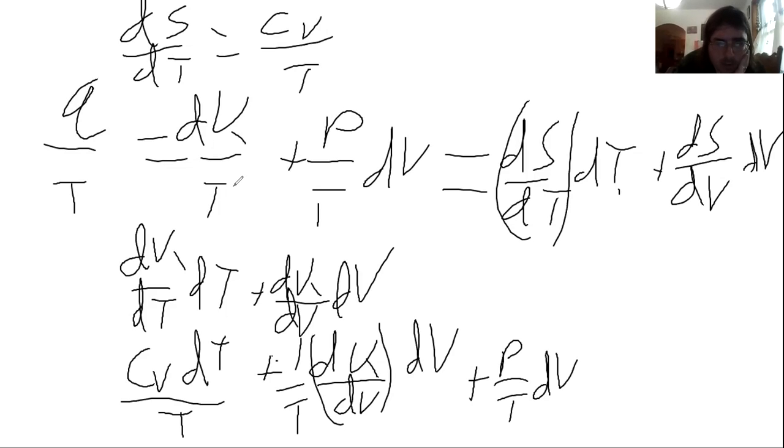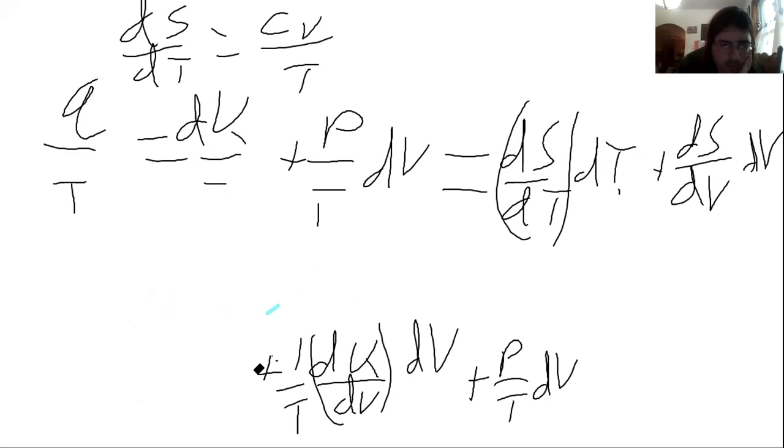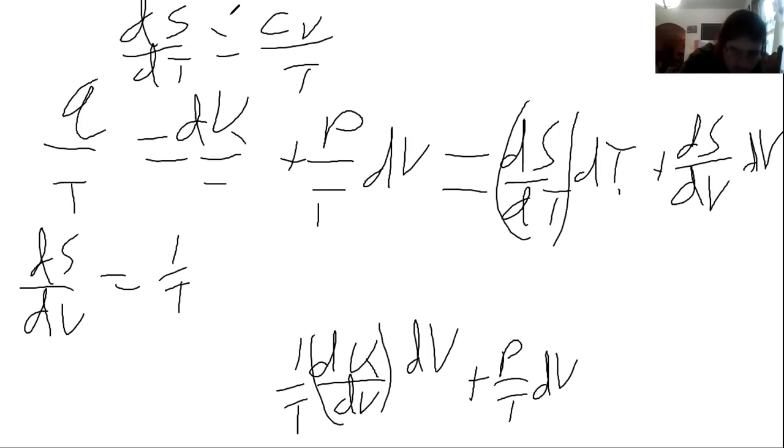Now, when we instead look at the other possibility, where volume is allowed to change and temperature is allowed to stay constant, we divide both sides by dV, and we get that ds dv is equal to 1 over T times P plus du dv.